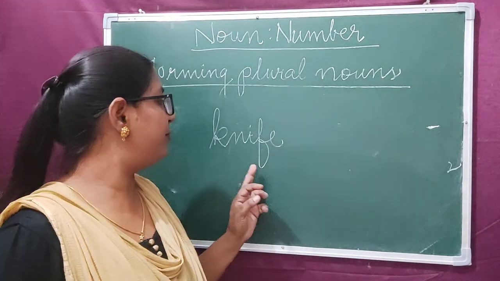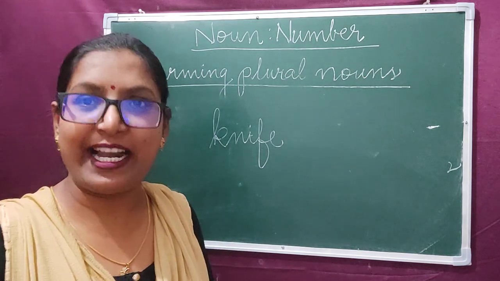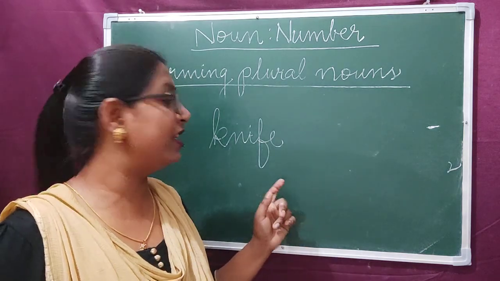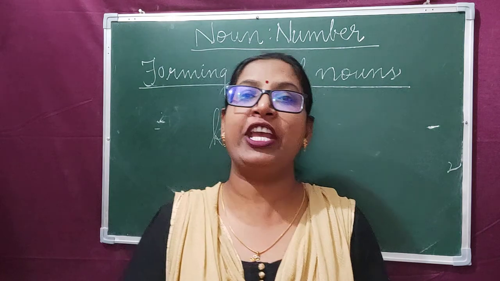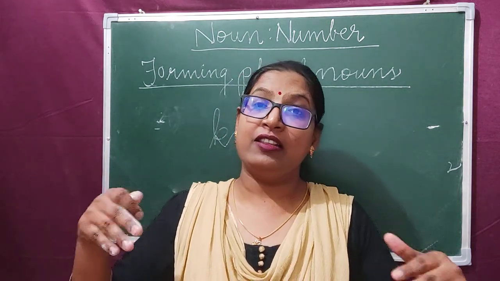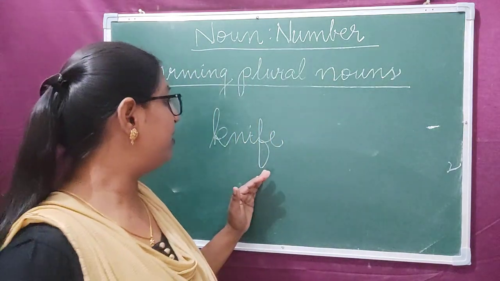Now look at the board, dear children. I have written here knife. One more thing I want to add with this explanation. Dear children, when the word is ending with FE, I told you FE is usually changed into VES. And when we change it, the pronunciation is also getting changed. Clear? Knife.